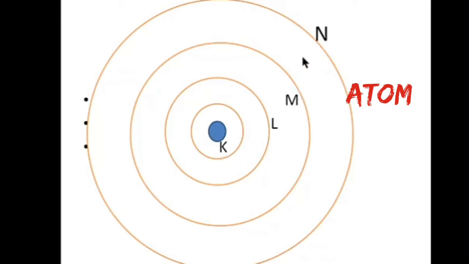But you have to know something more about this arrangement. That is, how many electrons will be there in a shell, and whether a shell is a single shell, or whether there are any subshells or not. This is what we are going to see now.